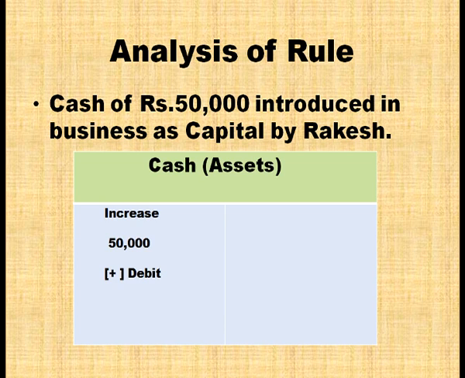Rakesh's capital account is credited. And cash account is debited in this transaction. Why are we debiting cash account? Because of the rule for asset. Cash is an asset and when increased it is debited. So, cash account debited and capital account credited.